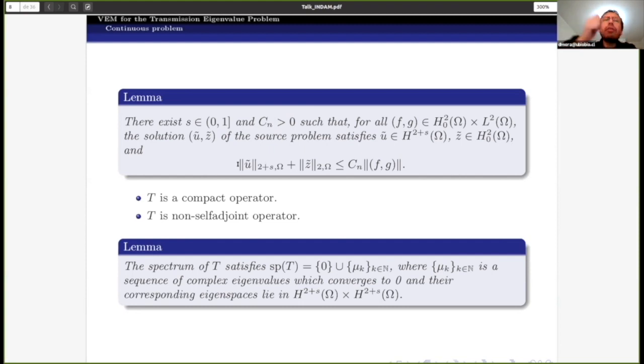The first component of the solution is more regular: we have that u tilde belongs to H2 plus s.